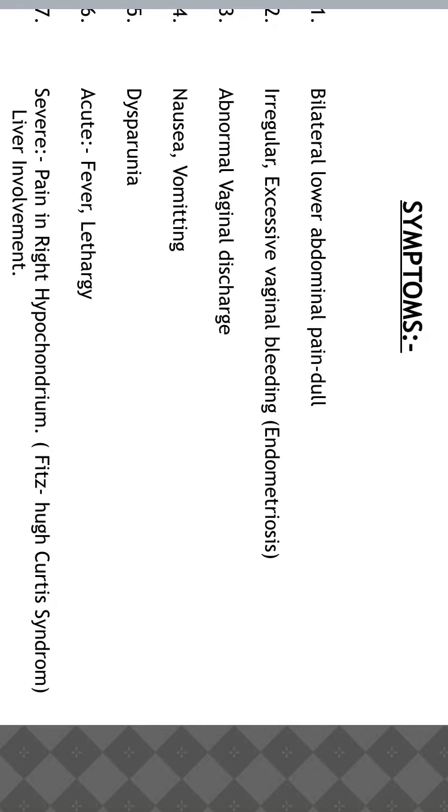If it's associated with endometritis, meaning infection of the uterus, it is associated with irregular excessive vaginal discharge. Sometimes there is abnormal vaginal discharge, nausea, vomiting, dyspareunia, and acute PID can present with fever and lethargy.